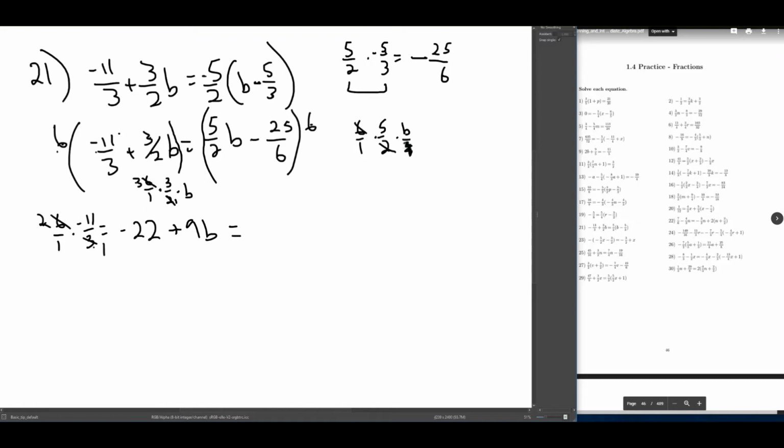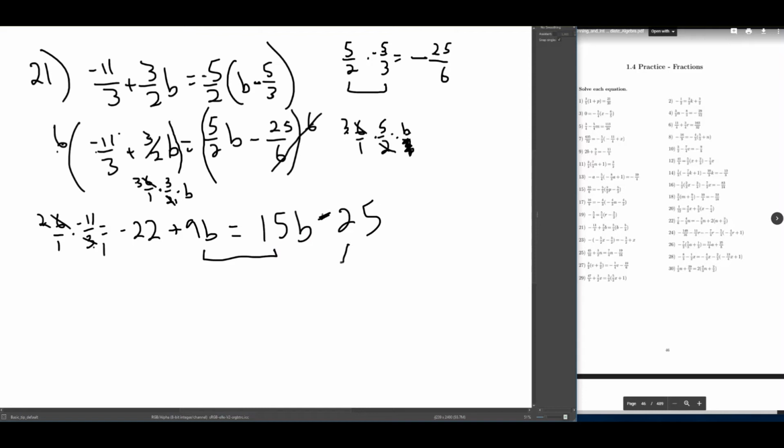You can divide these things, right? Or just b, not to confuse you, just b. That becomes a 3. 6 divided by 2 equals 3. 3 times 5 equals 15 times b equals 15b. And here we have like a sneaky subtraction sign. All we have to do here is 6 times anything over 6. You just cancel the 6's. So that's minus 25.